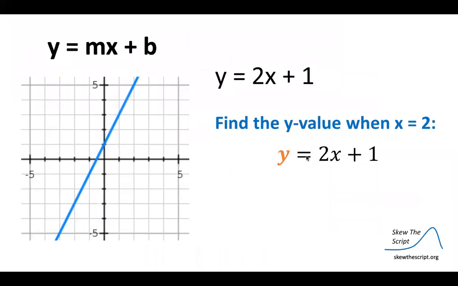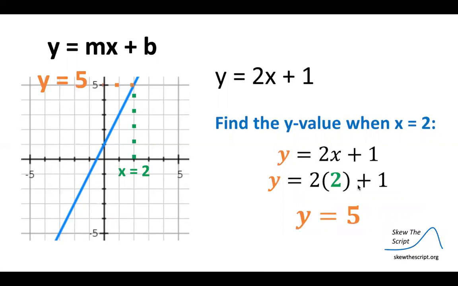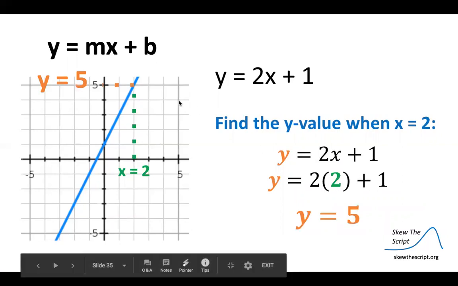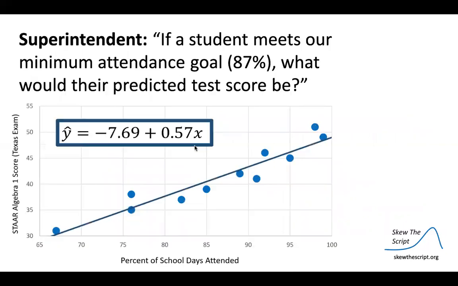Well, I have my equation. There's y, that's what I want to know, equals 2x plus 1. There's x equals 2 on the graph. There's the value I'm looking for up there. So I really substitute 2 in for x. So y equals 2 times 2 plus 1. I multiply 2 times 2, I add 1, that is 5. And there I can see where it is on the graph, right? When x equals 2, y equals 5.